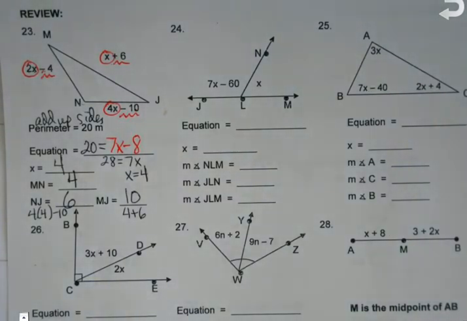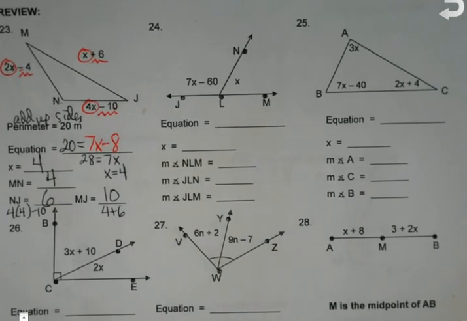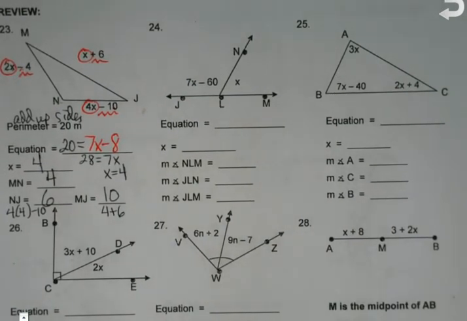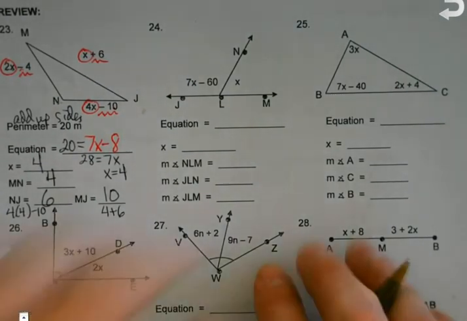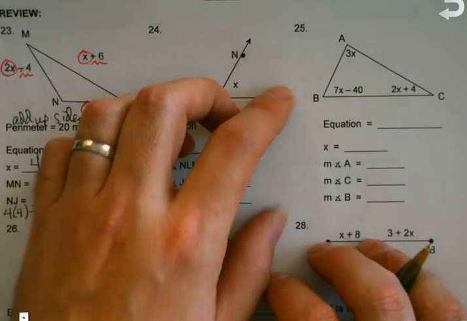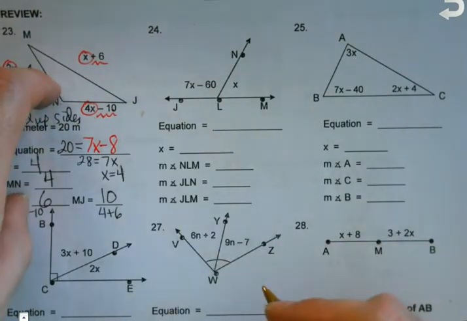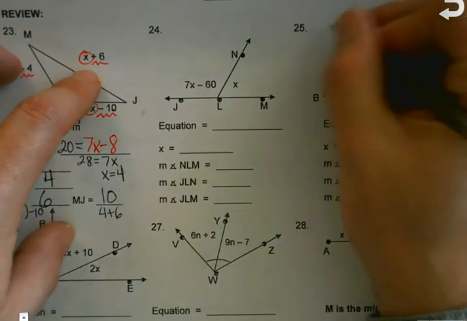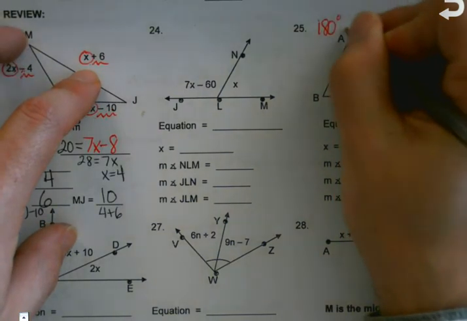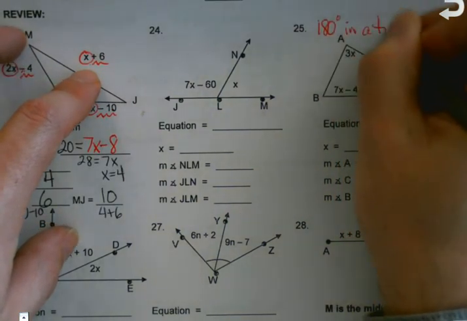Now, 25, I got one more twist to throw in. Like dang, Harty, there's always one more twist. Now they're the angles of the triangle. Anybody know how many degrees are in a triangle? I know. 180. Okay? So there's 180 degrees in a triangle.